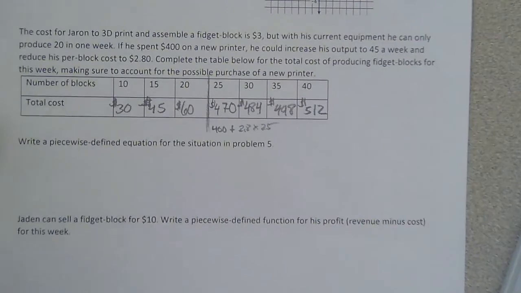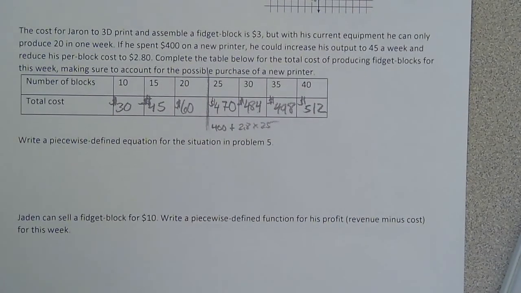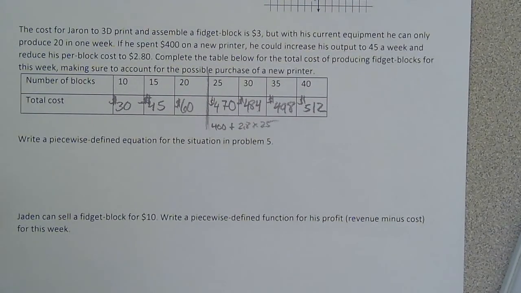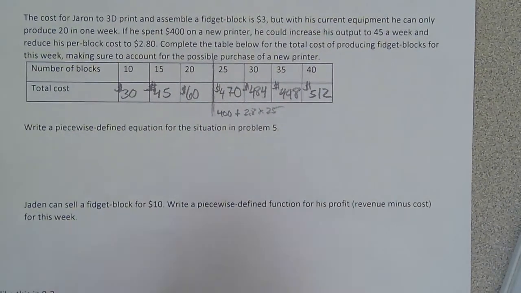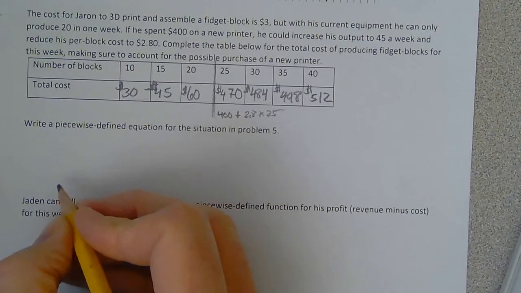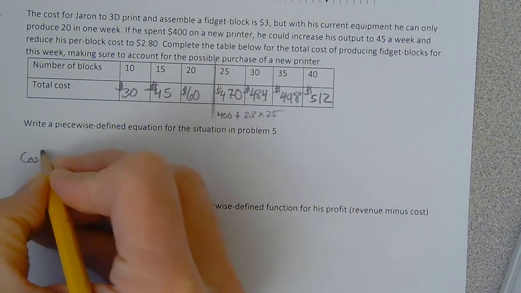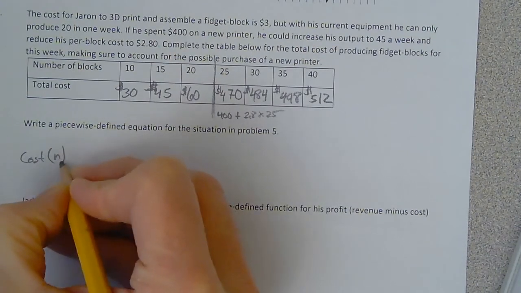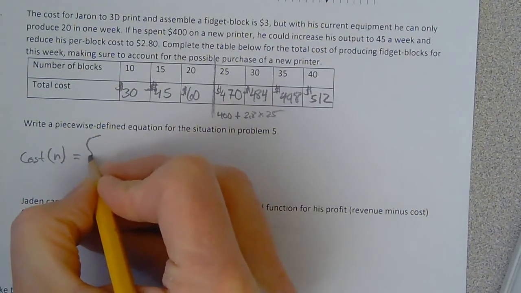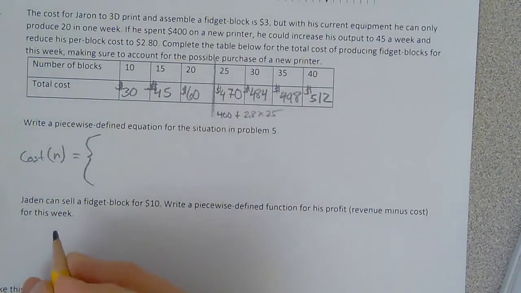Okay. Now, certainly after his initial expense, if he goes on weeks after that, then the weeks after that won't incur that additional $400, and things will be better off there, but he is going to have to work off that $400 purchase. So, write a piecewise defined function for this situation. The total cost based on the number of blocks, so let's do the cost based on the number of blocks n. We kind of have two situations here.